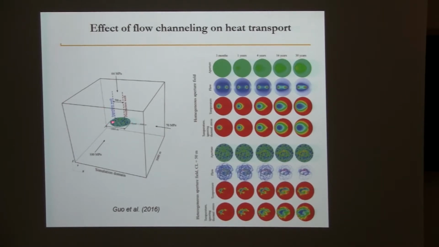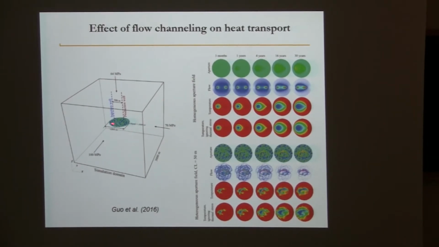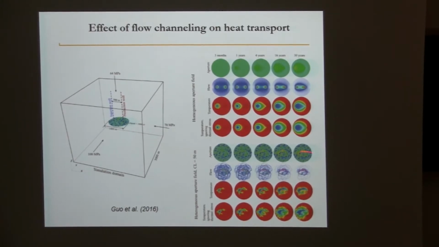With this fracture, they consider it either as a plane or with a heterogeneous aperture distribution, which has a given correlation length. What they were able to show is that here flow is more distributed, which is what is expected, while here, for instance, this is the flow here, while flow here is more localized or channeled.